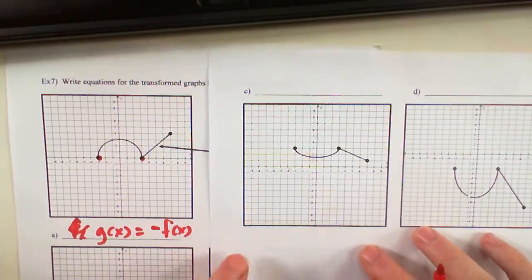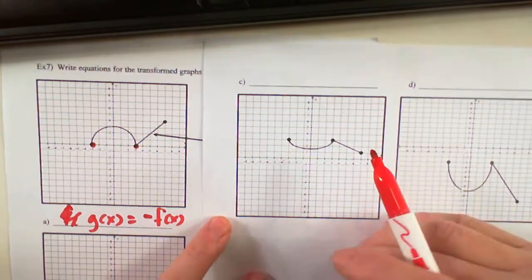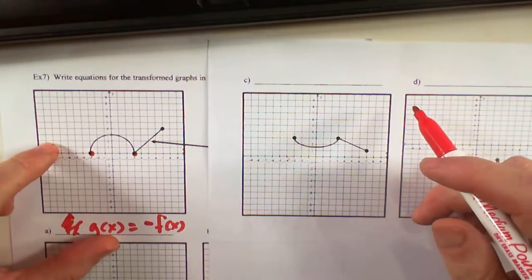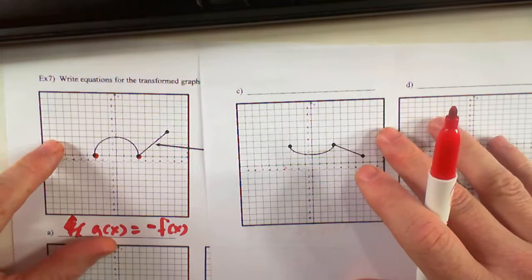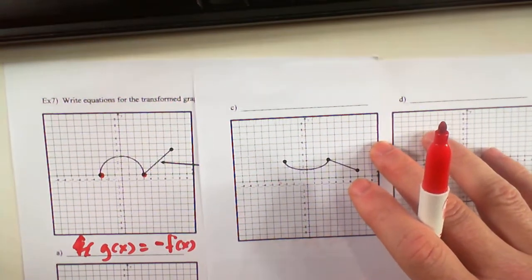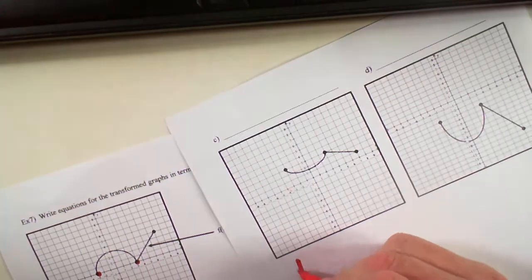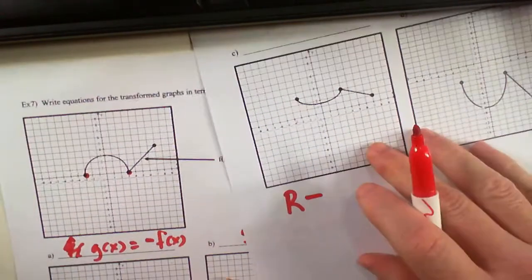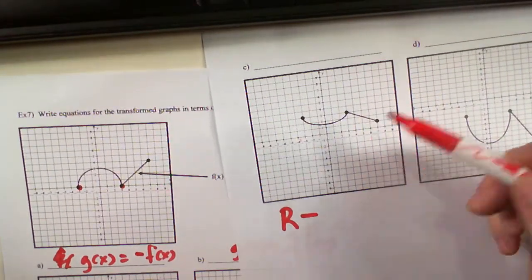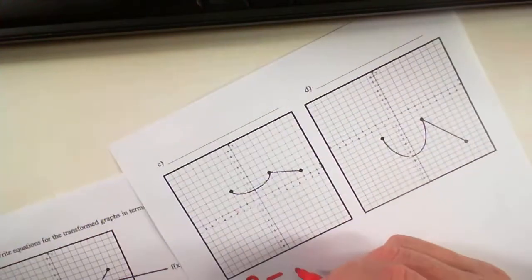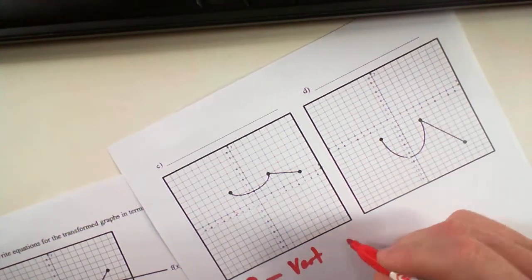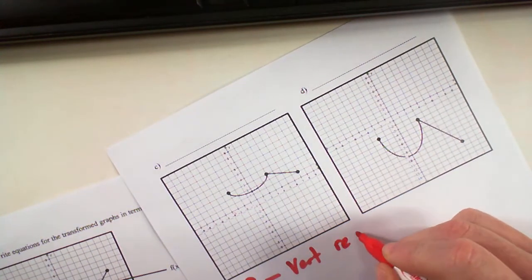All right, this next comparison, this looks a little bit different. I think we've got a lot more going on here. So let's figure out what we've got. So first of all, right off the bat, we talk about our reflection. I think it's pretty obvious, right? This one is upside down. So we have vertical reflection.